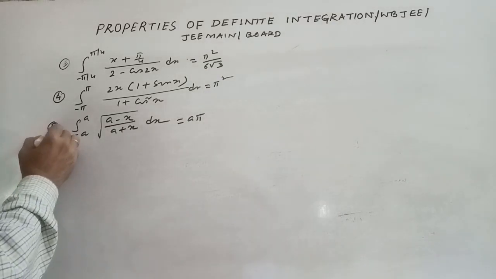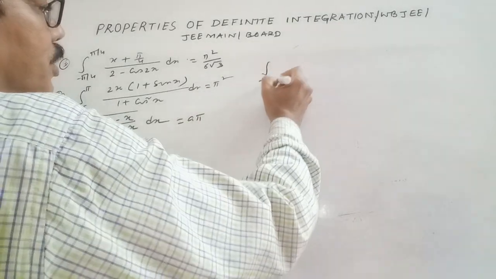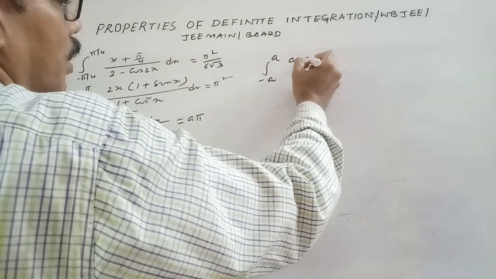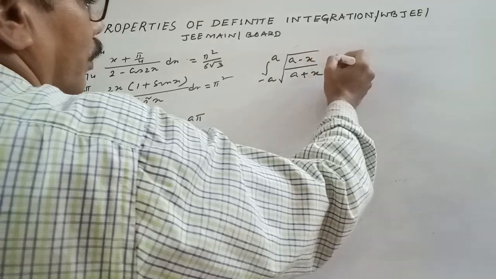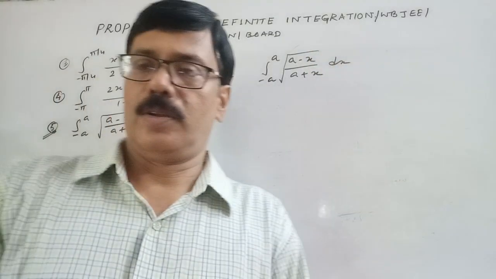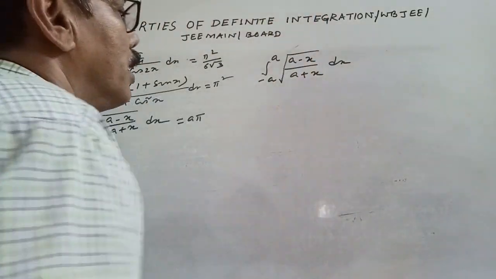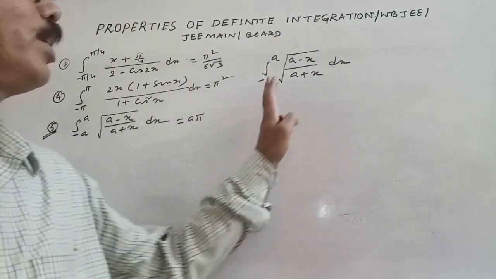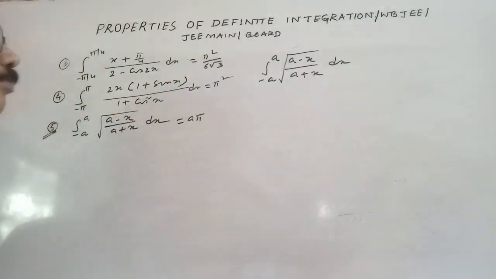So look, problem number 5. This is minus a to plus a, minus a by a plus x. So if no limit is given, we integrate it by rationalizing the numerator.